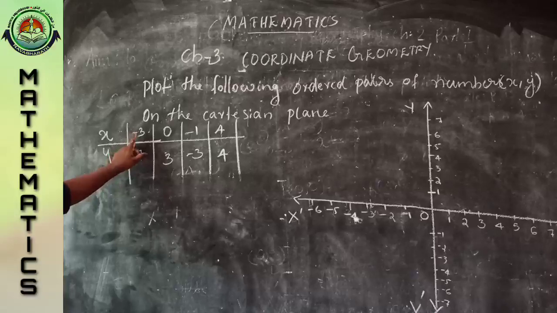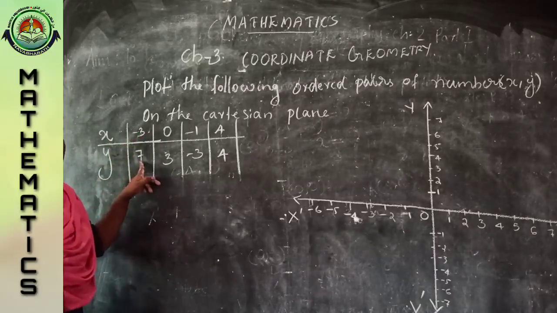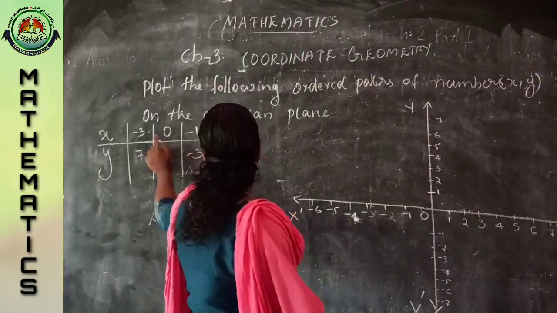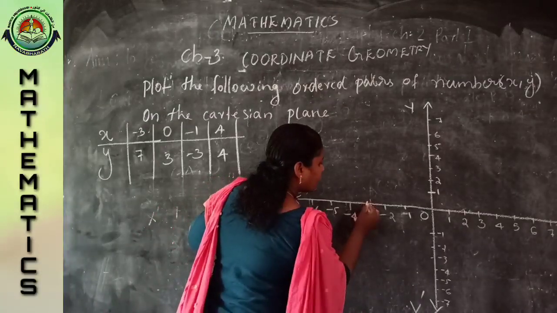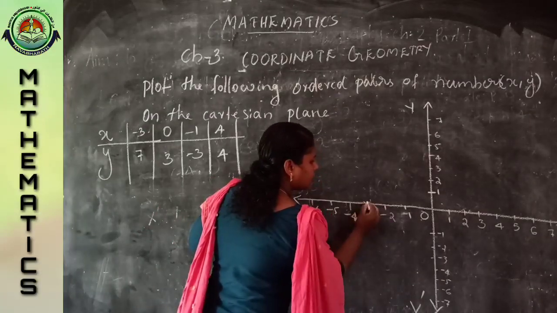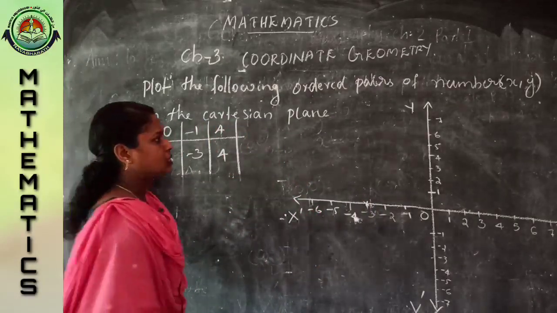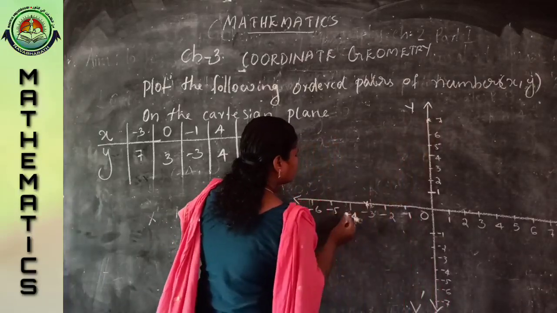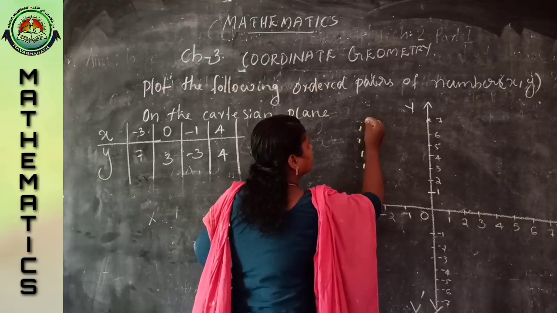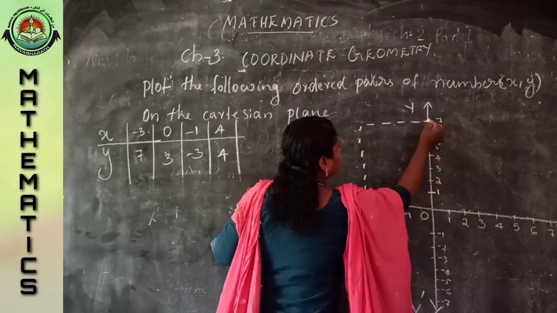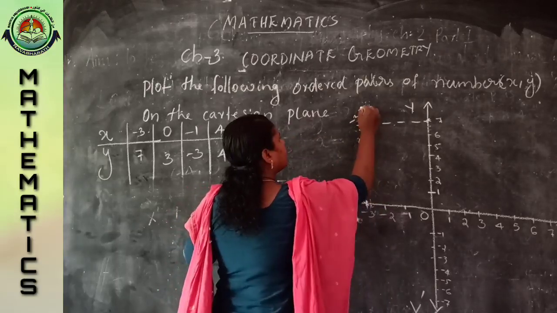First, the x coordinate is negative 3 and the y coordinate is 7. So we take negative 3 on the x-axis and 7 on the y-axis and draw perpendicular lines. This is the point negative 3, 7.